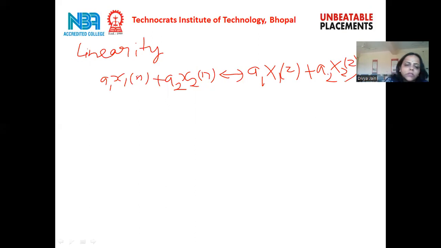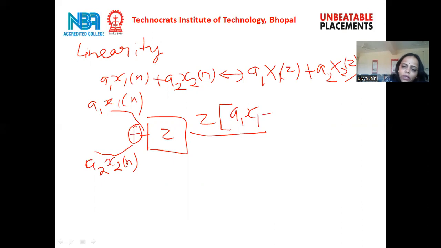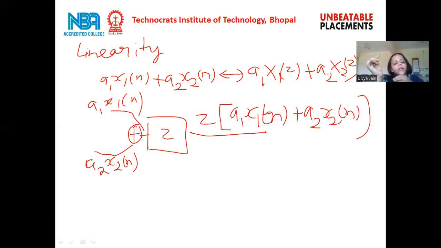Means A1 x1[n] and A2 x2[n], both are combined. After that, they are passed to the system and we take the Z transform. We will have the Z transform of A1 x1[n] plus A2 x2[n]. Clear?